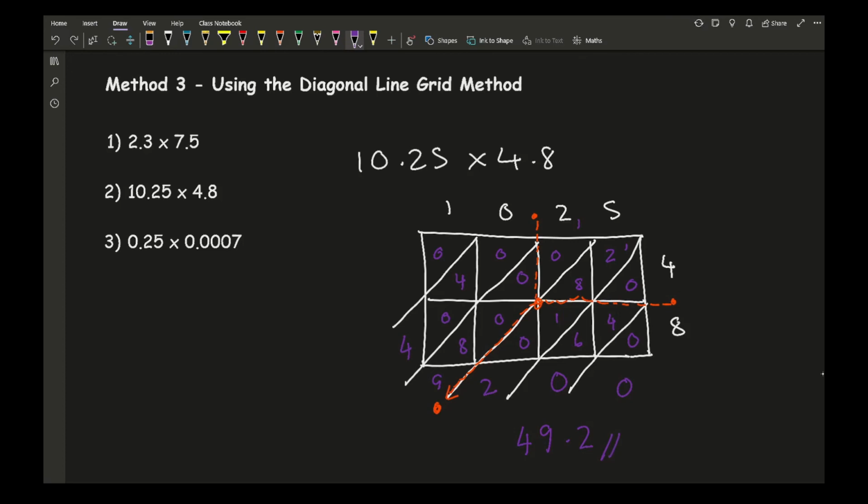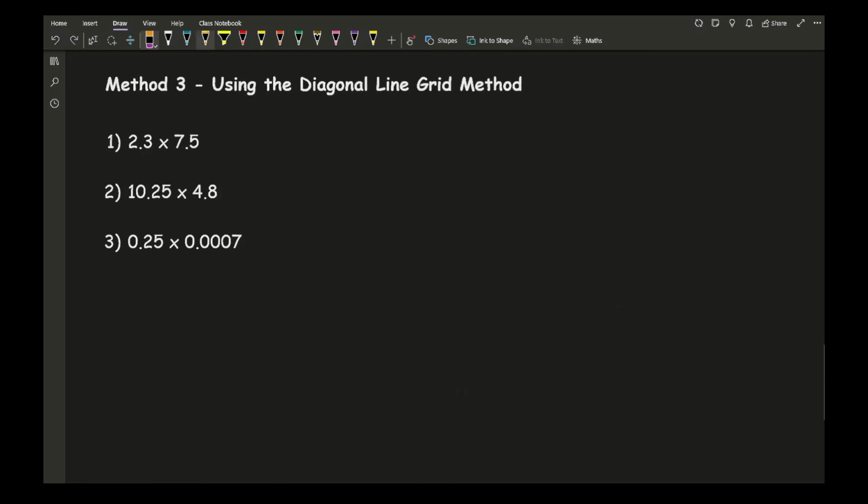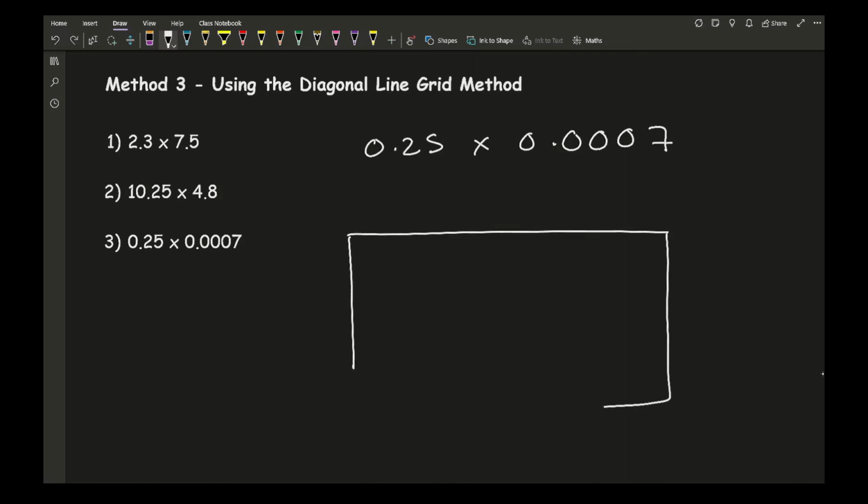And then finally, for question 3, let me just quickly get rid of all of this. If you're still with me and awake. So with question 3, I've got 0.25 times 0.0007. So I've got to do a 5 by 3 grid. And so let me just split the 5.